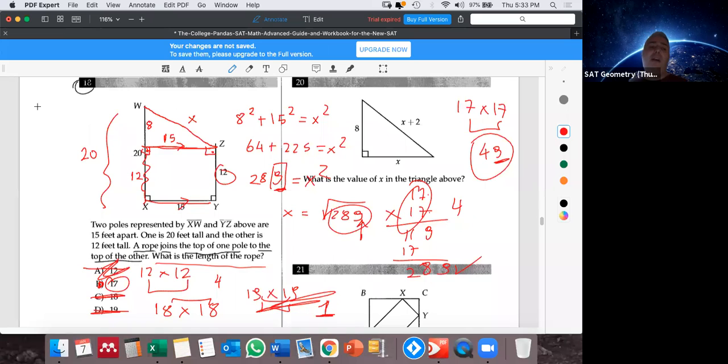But if I were you, I would memorize this one: 8K, 15K, 17K. If K is 1, 8, 15, 17. If K is 2, 16, 30, 34. If K is 3, 24, 45, 51.